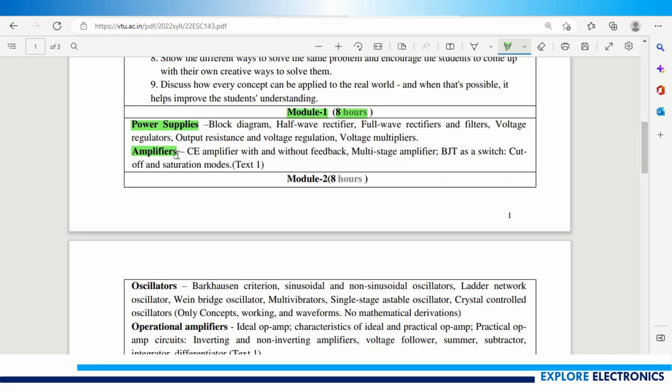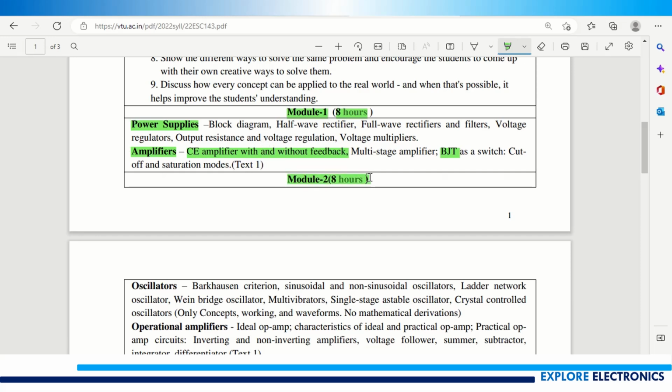Coming to amplifiers, the second chapter, here a common emitter amplifier without feedback and with feedback, multi-stage amplifiers, and bipolar junction transistor as a switch, that is cutoff and saturation modes. So there are 2 chapters in module 1, covered in 8 hours. This is the content of module 1.